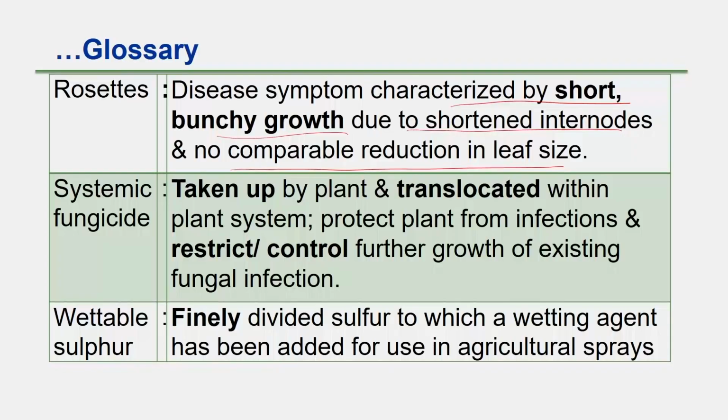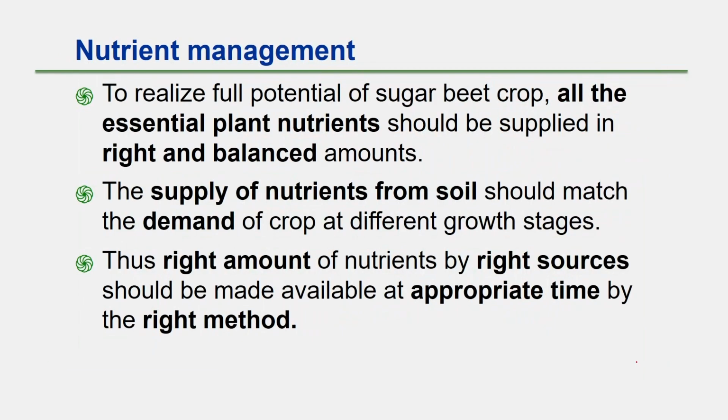Systemic fungicide taken up by plant, translocated within plant system, protect plant from infections and restrict further growth of existing fungal infection. In fact, the systemic fungicides are absorbed into the plant system and then they attack the fungus. Wettable sulfur, finely divided sulfur to which a wetting agent has been added for use in agricultural sprays.